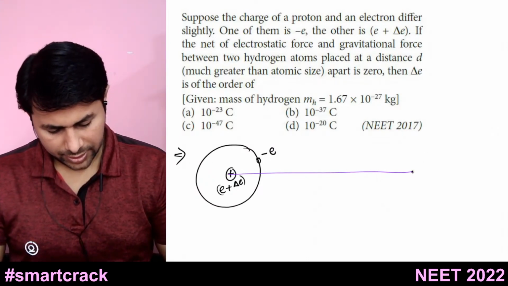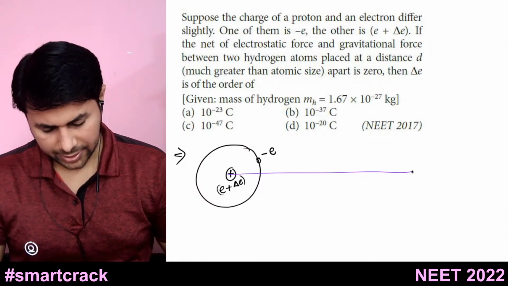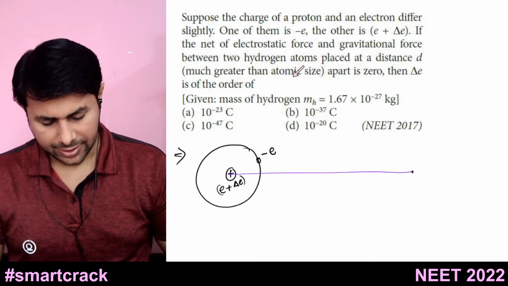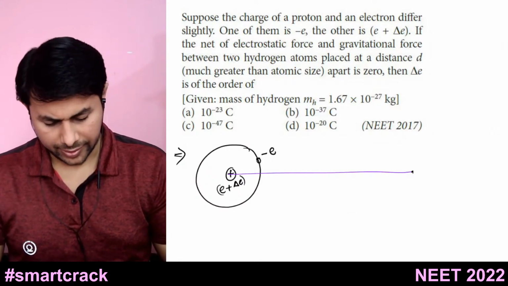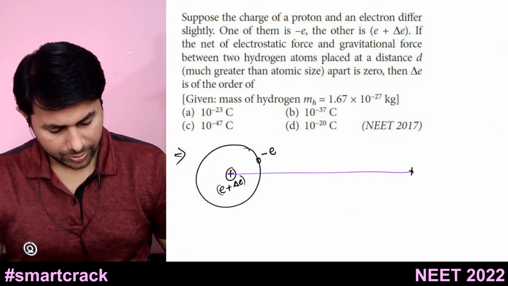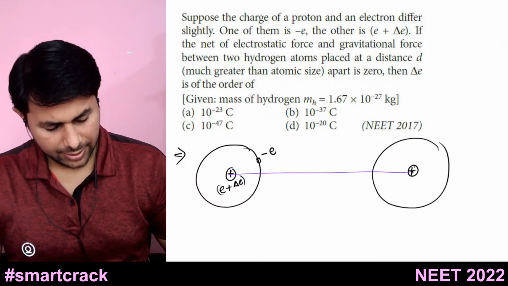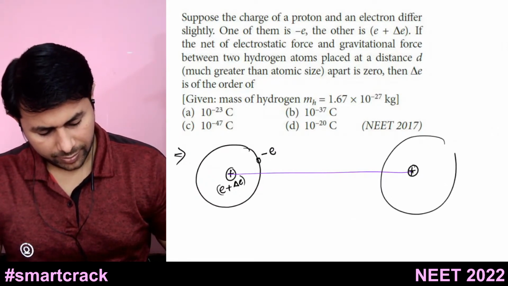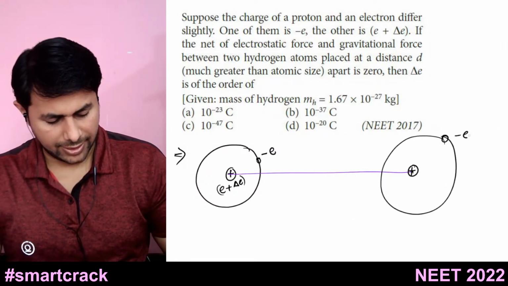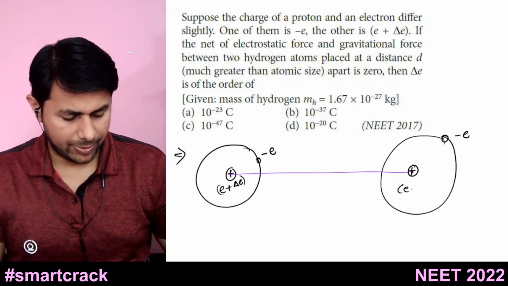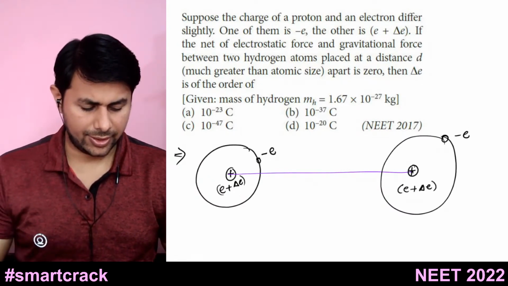It's given that the distance is much greater than the atomic size. So you have this proton and electron over here, minus E, and you have E plus delta E charge over here.